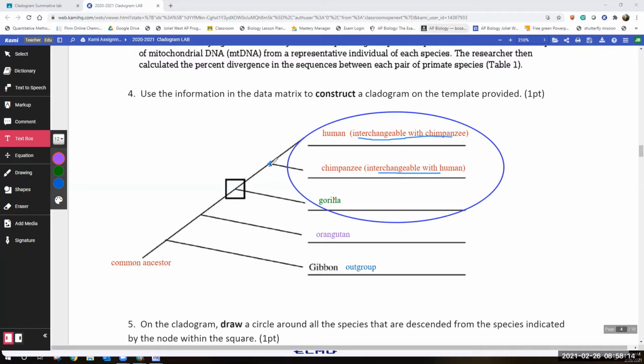If that is the point in the path and you could go right or you could go left, you could interchange those and they would mean the same thing. So the chimpanzee could have been at the top of the cladogram and the human on the next line too. Those would both be correct because anything around a node could be flipped and it's still showing the same relationship.